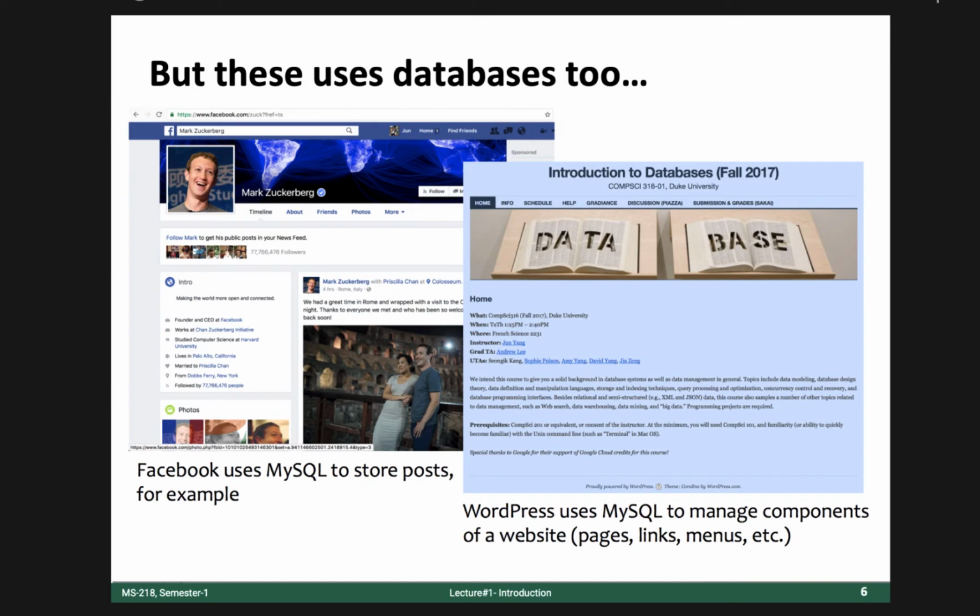So yeah, Facebook is also using the MySQL DBMS. MySQL, you might have heard this name, MySQL. No problem. Similarly, WordPress, on which you can create and manage websites. So Twitter, Facebook, Amazon are all using different types of DBMS.